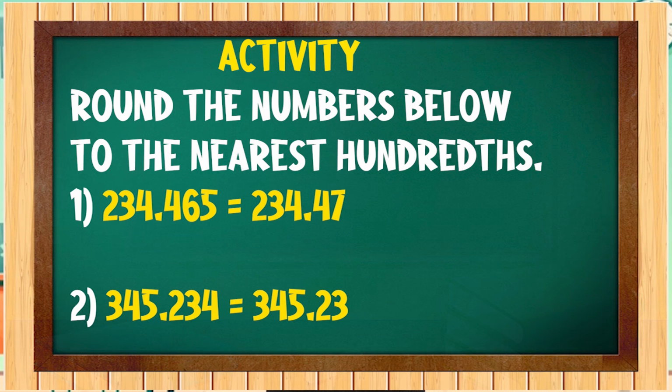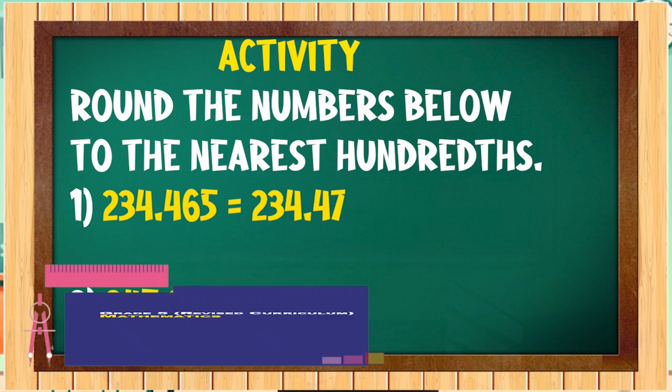Now, boys and girls, why? The number in the thousandths place is 4. It is less than 5. When the number in the thousandths place is less than 5, when we are rounding to the nearest hundredths, we write the decimal as it is.